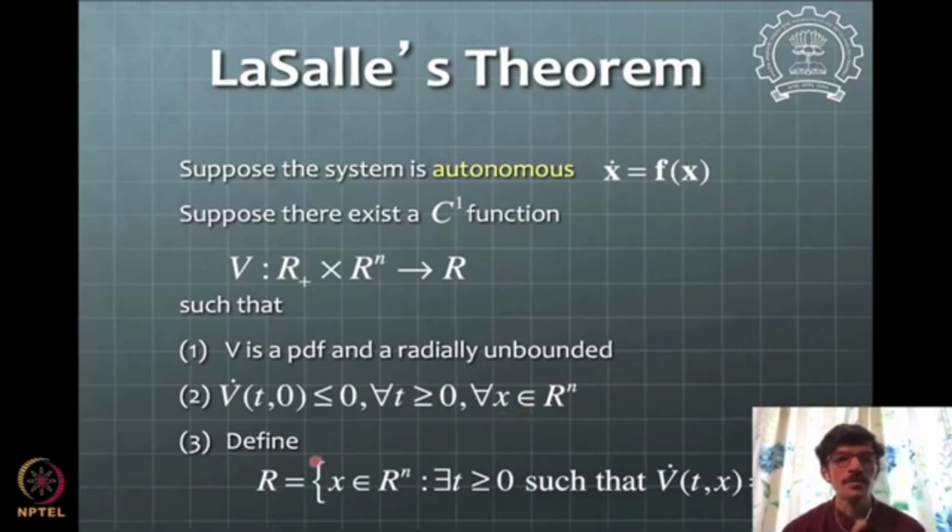Then we define this set R here. How is this set defined? This set is defined such that x belongs to this R n space, and for all t greater than or equal to 0, V is such that V dot is equal to 0. So this x is such that V dot of t comma x is equal to 0. So we look at this V dot equal to 0 condition now.